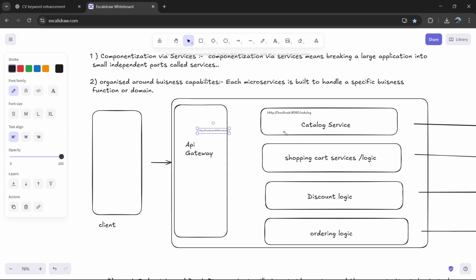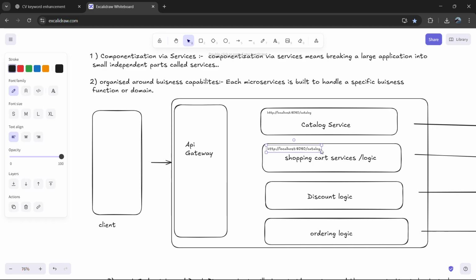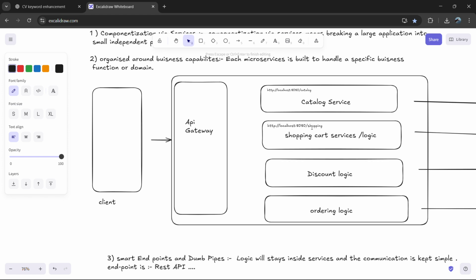Suppose if the catalog service wants to communicate with the shopping cart service, then it will communicate through the HTTP method, not through the pipes.